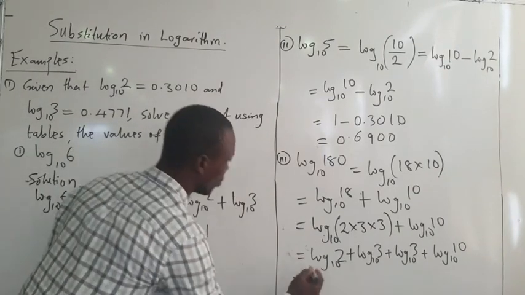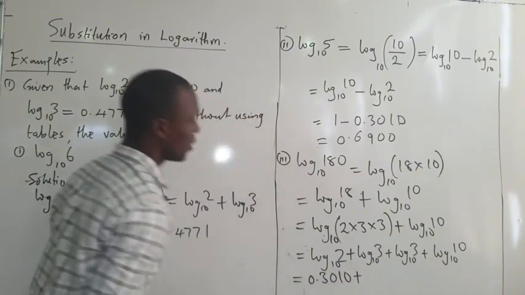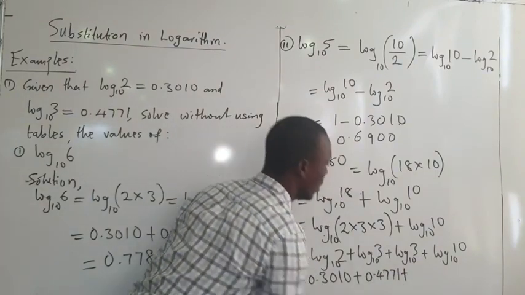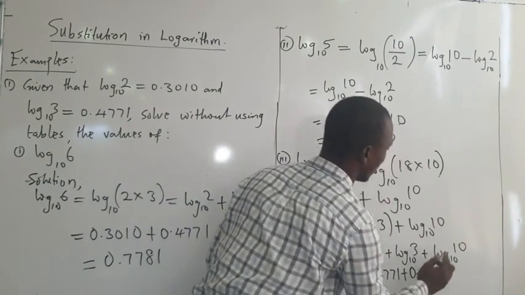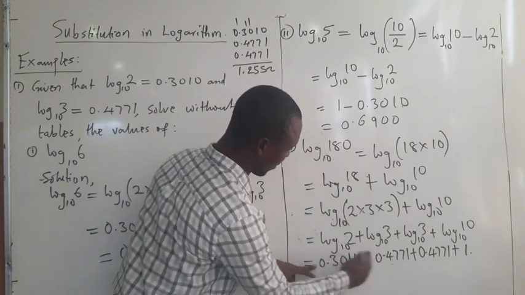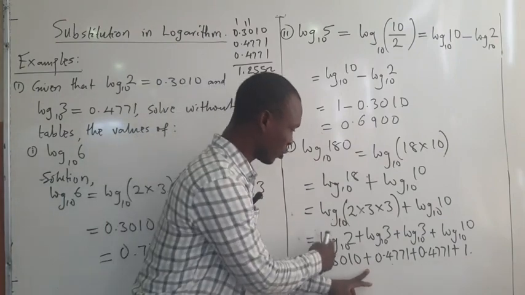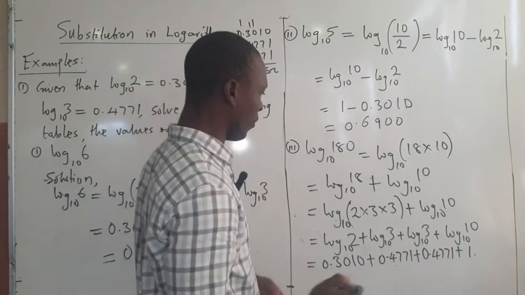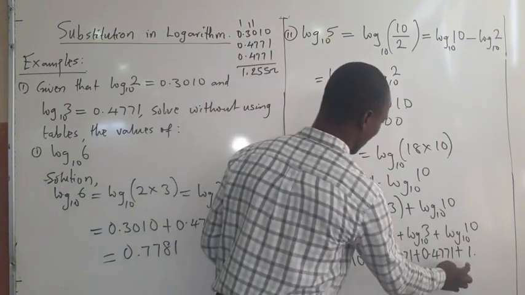So log 2 base 10 is 0.3010, log 3 base 10 is 0.4771, plus log 3 base 10, 0.4771, then log 10 base 10 is 1.